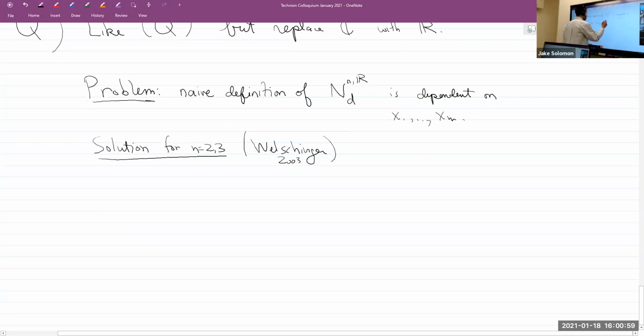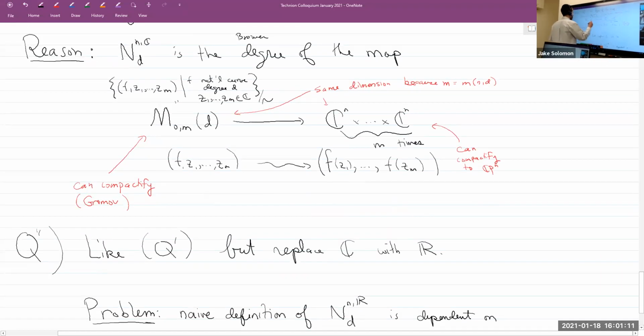The solution was, well, you want to take into account, so let's give this map a name. This is going to be called EV for evaluation, because I'm evaluating f at the marked points z1 to zm.